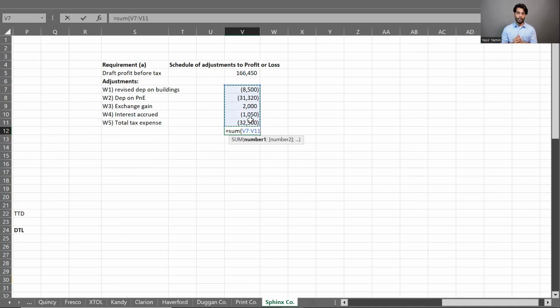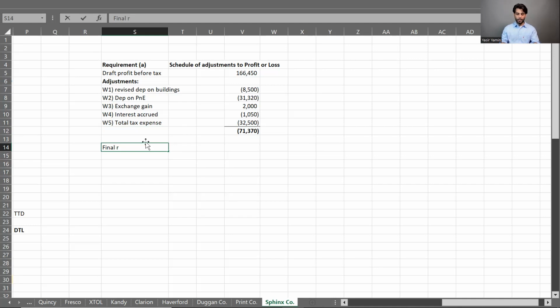An easier way of doing it, rather than is equal to plus, plus, plus, you can just sum it all in one go. Once you have selected all the range, just bracket close. The total adjustments are 71,370 negative.